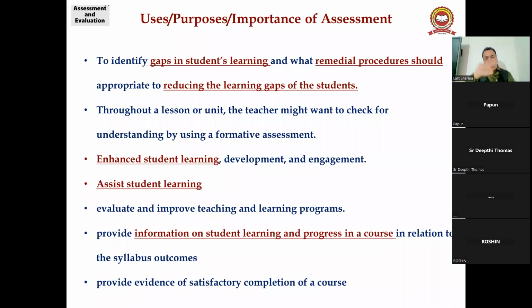From all points of view, we have to develop the student, right? So evaluate and improve teaching and learning programs. And the uses, purpose and importance of assessment is to provide information on students' learning and progress in a course. Most important line, which I have underlined, in relation to the syllabus outcome, and provide evidence of a satisfactory completion of a course.